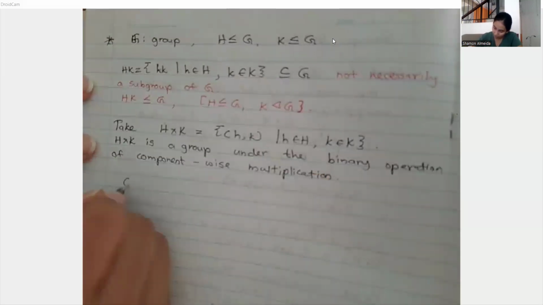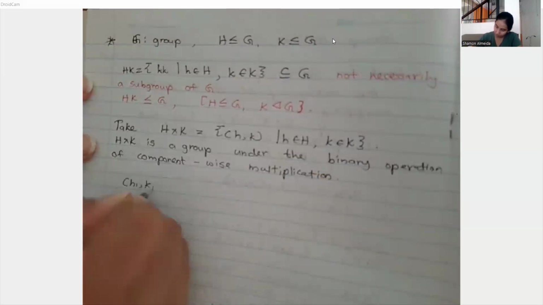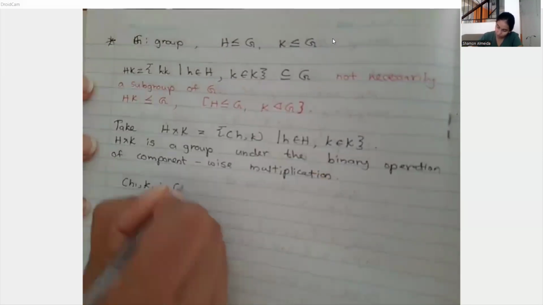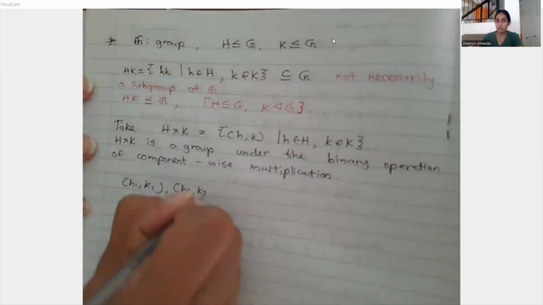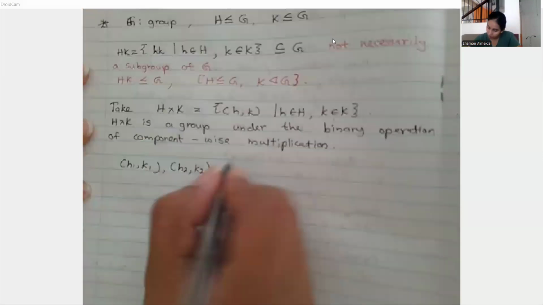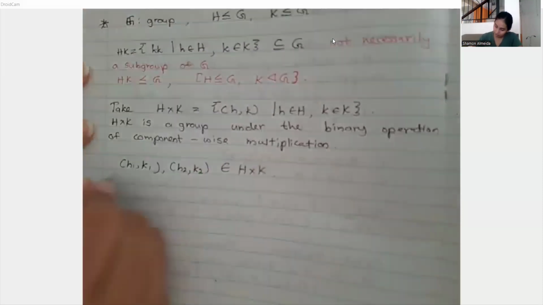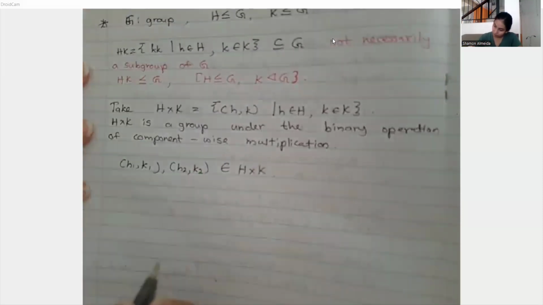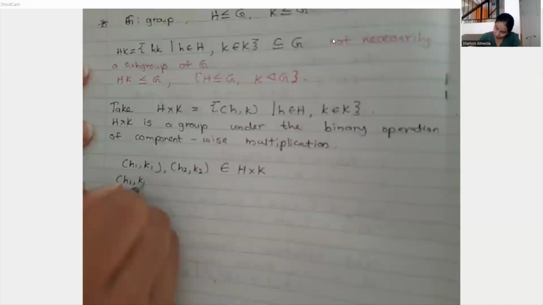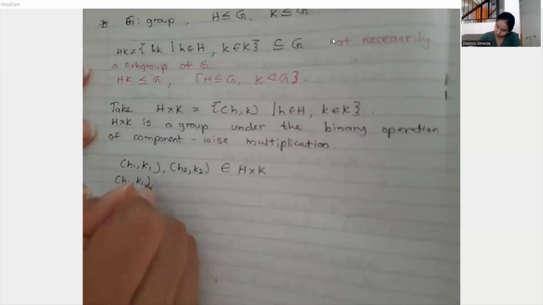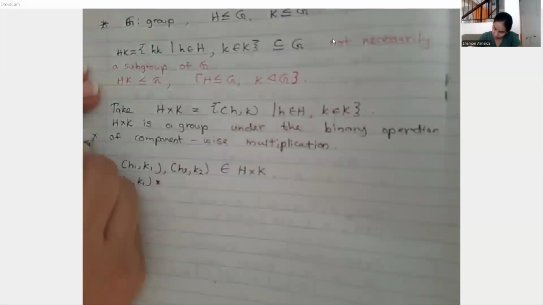If we take (h1, k1) and (h2, k2), these 2 elements from the set H cross K, right? Then I will simply denote by star the binary operation.